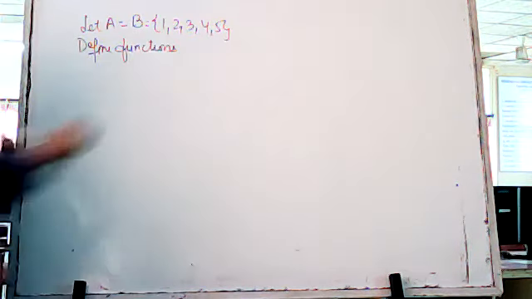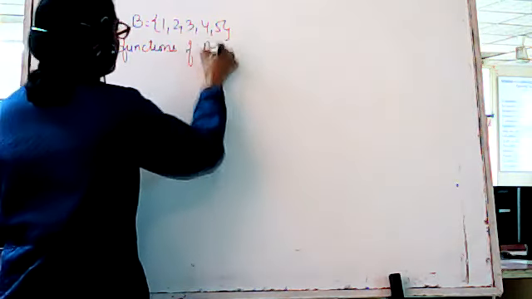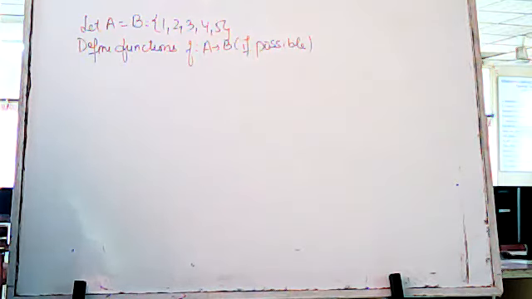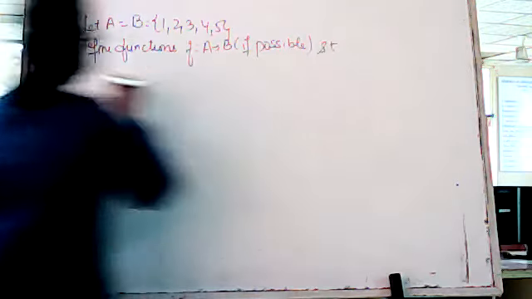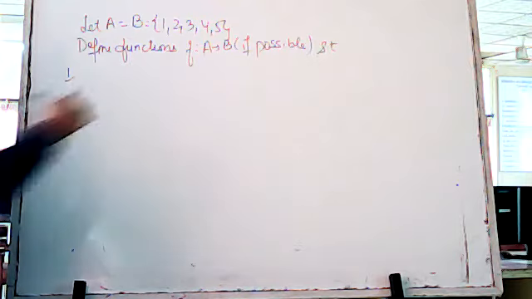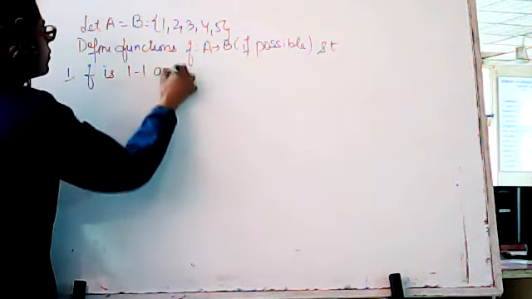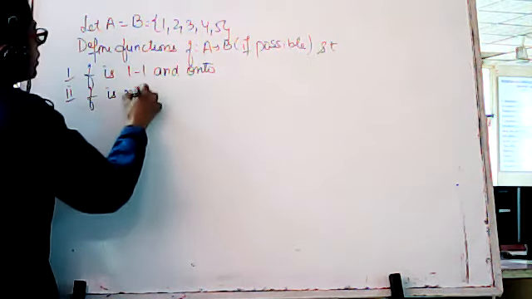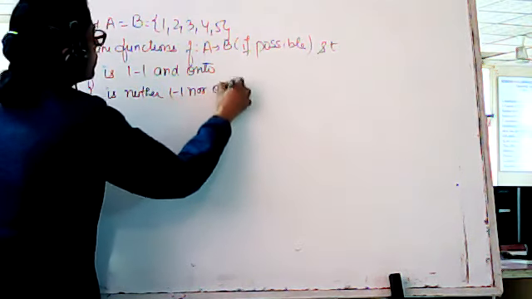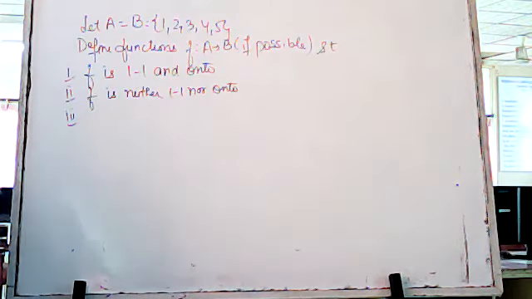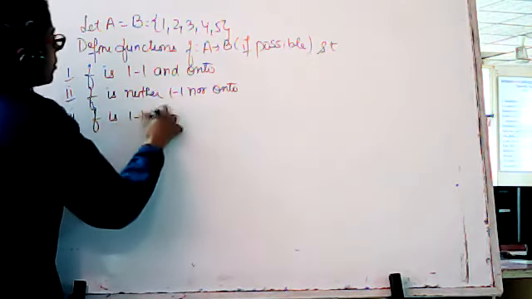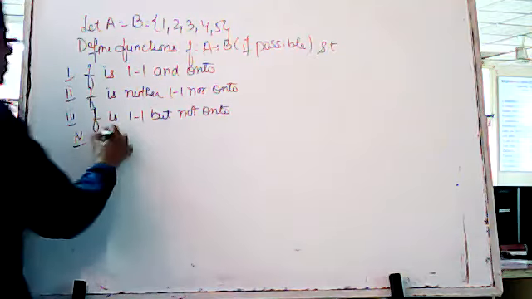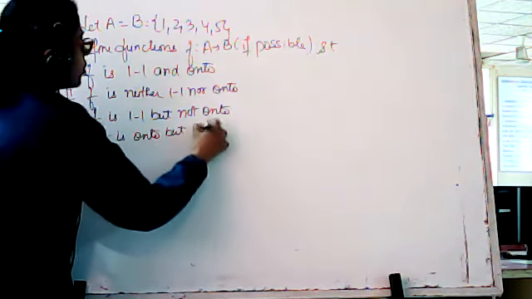Define functions f from A to B, if possible, such that number one, f is 1-1 and onto; number two, f is neither 1-1 nor onto; third, f is 1-1 but not onto; and fourth, f is onto but not 1-1.